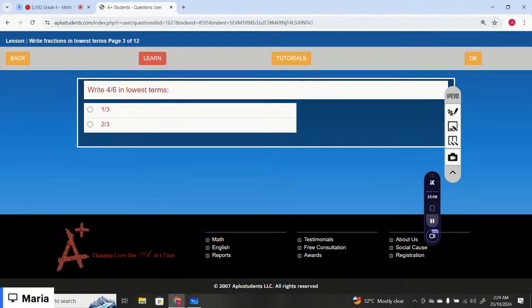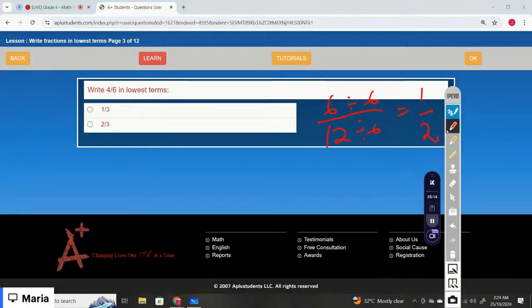Think and then answer. Write 4 by 6 in lowest term. So which is the greatest number that can divide both 4 and 6?